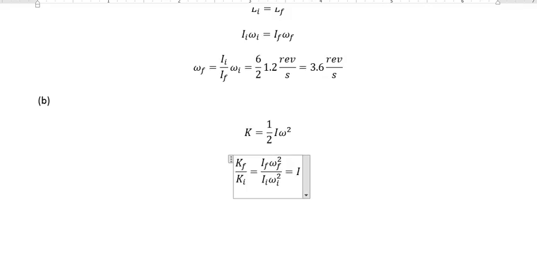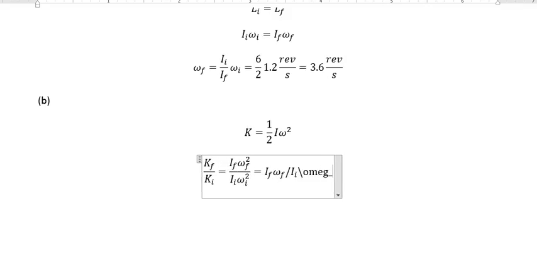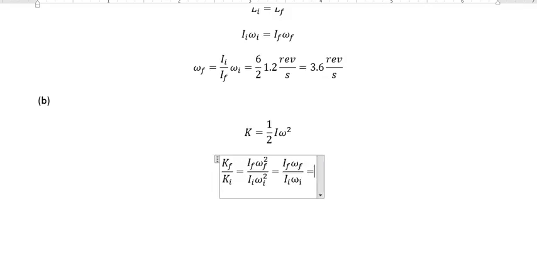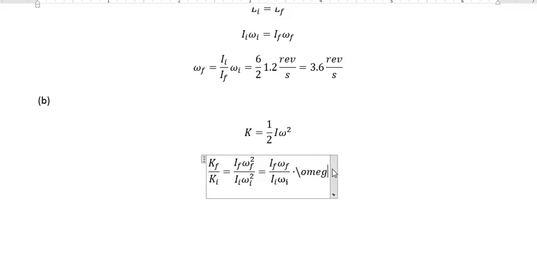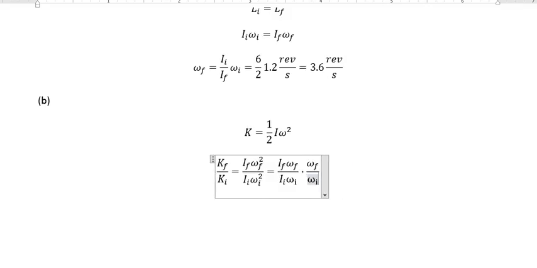So we got I final omega final divided by I initial omega initial, times the other term, omega final divided by omega initial.